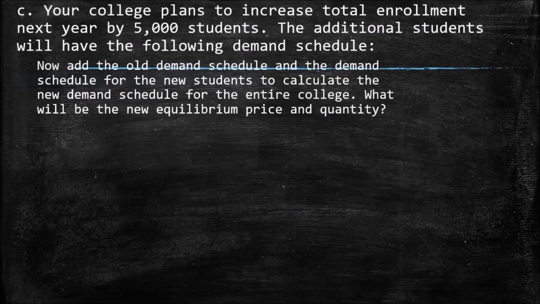Part C. Your college plans to increase total enrollment next year by 5,000 students. The additional students will have the following demand schedule. Now, add the old demand schedule and the demand schedule for the new students to calculate the new demand schedule for the entire college. What will be the new equilibrium price and quantity?